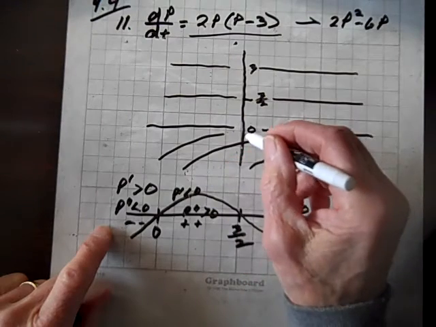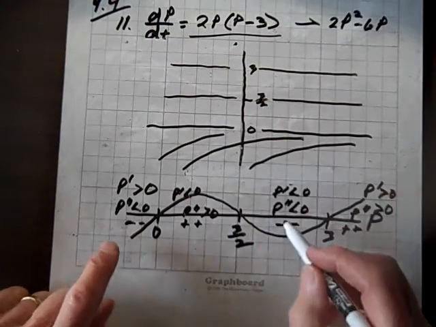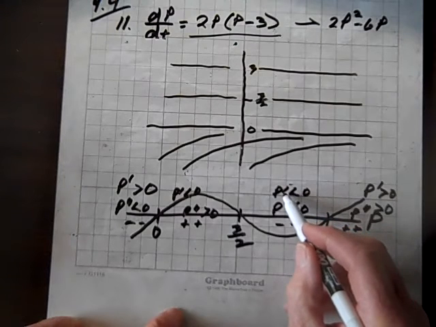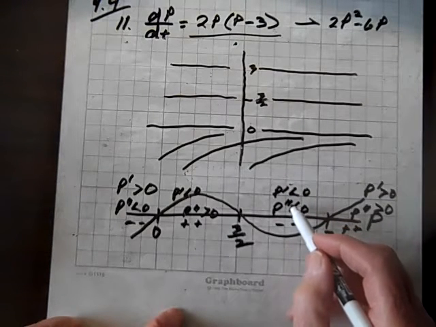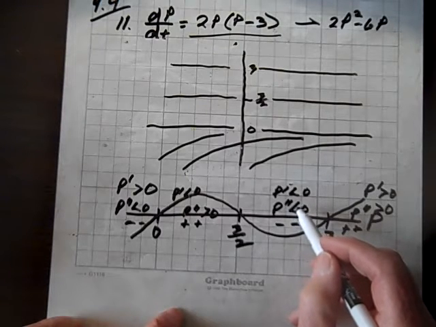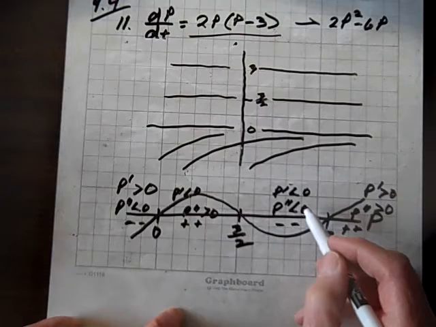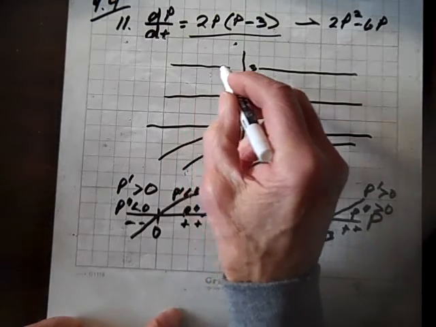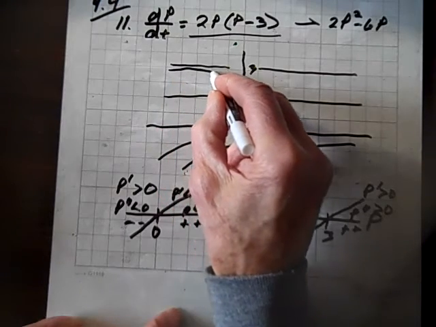Okay, let's go for the next interval, and I'm going to start here. If p prime is less than 0, but p double prime is also less than 0, we're concave down and we're going down.